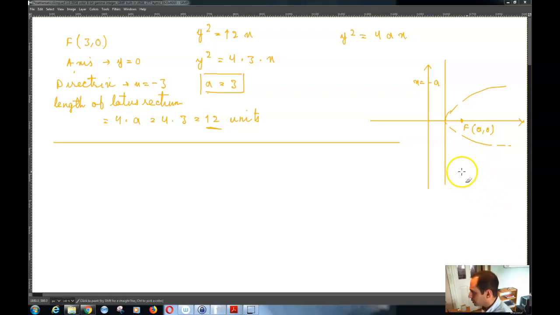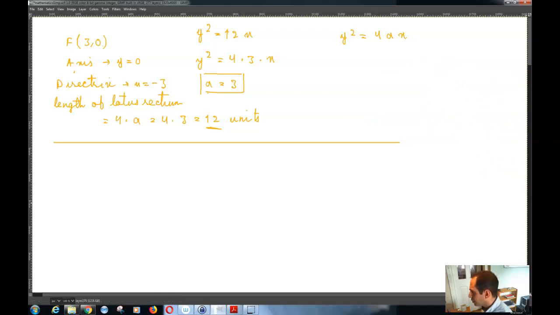So the next thing that we have here is another parabola, x squared is equal to 6y.